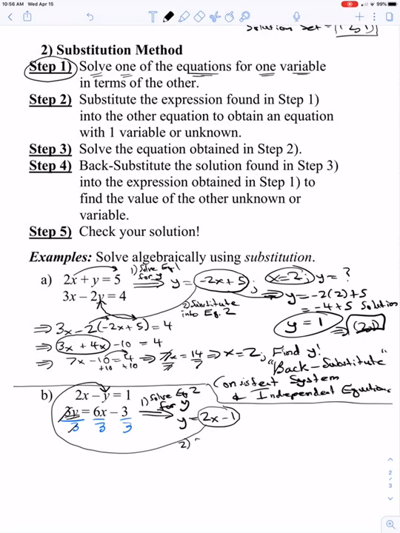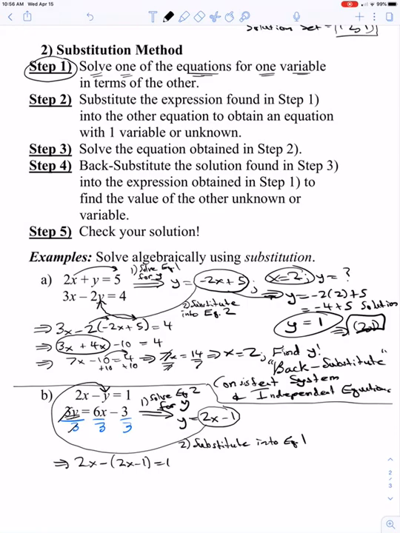So step 2, we're going to substitute. Make sure you plug it into the other equation, the one you didn't solve for, which would be our top equation. So that implies 2x minus y will be 2x minus (2x minus 1) equals 1. So out went y, and in went my expression.